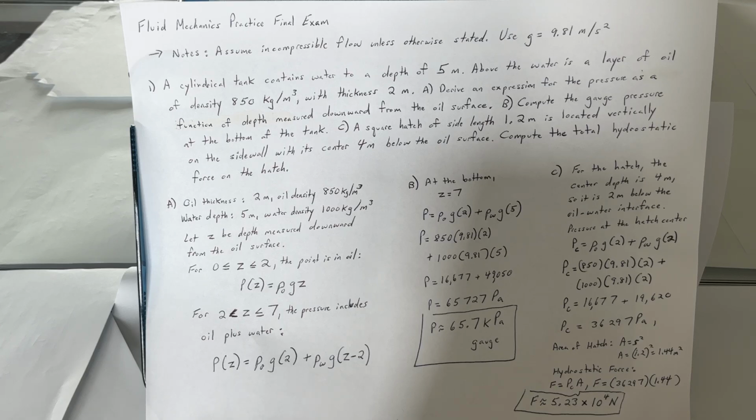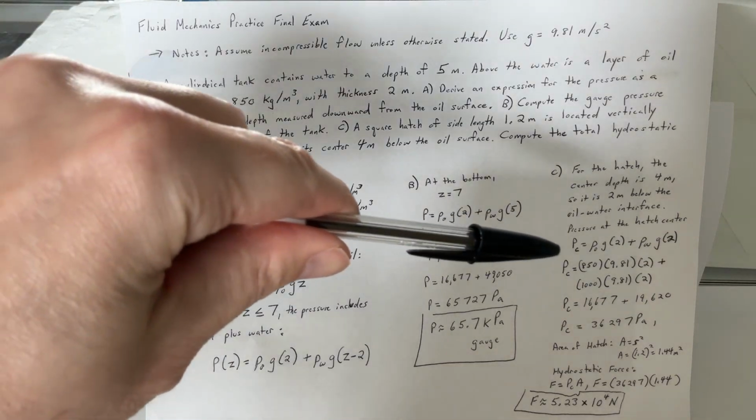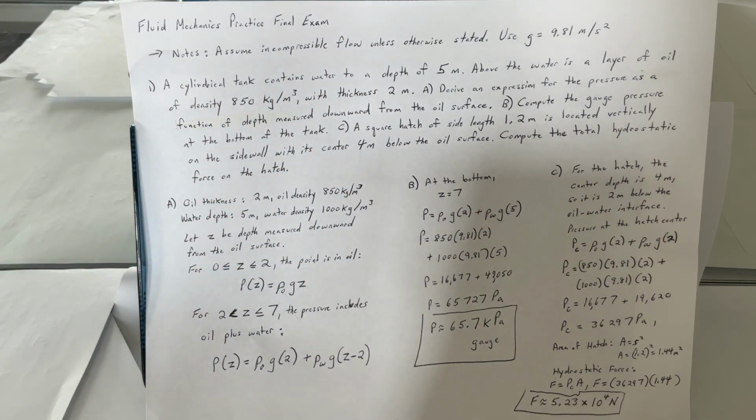Pressure at the hatch center: P sub C equals rho naught g times 2 plus rho sub w g times 2.